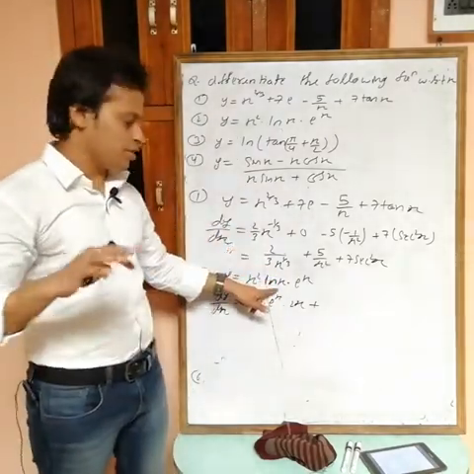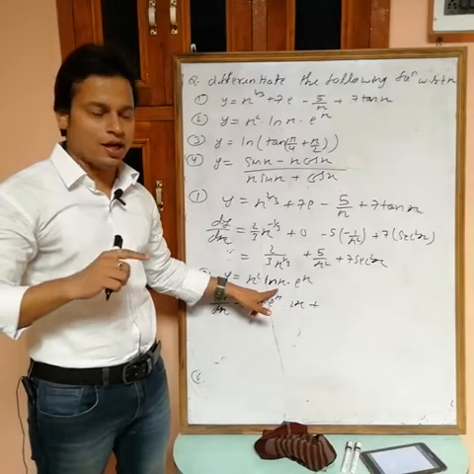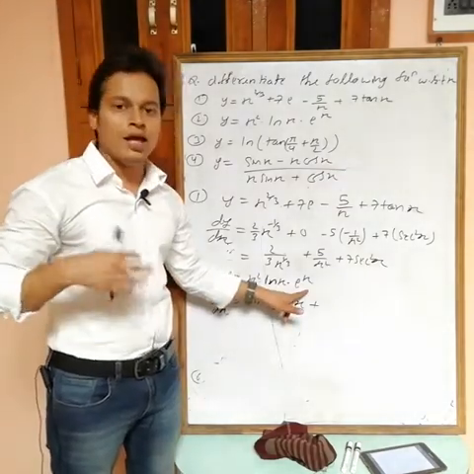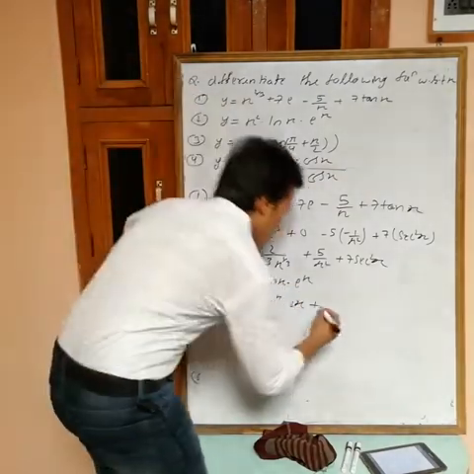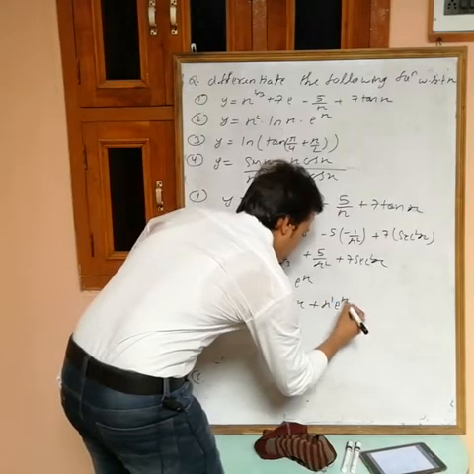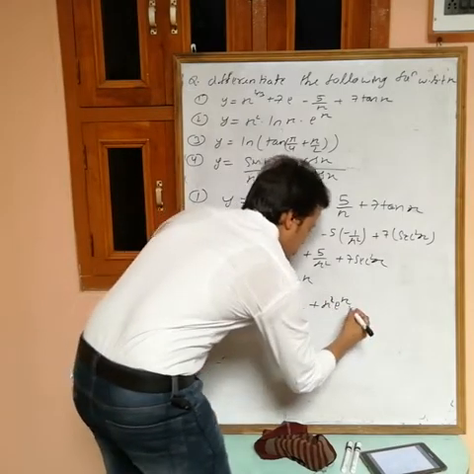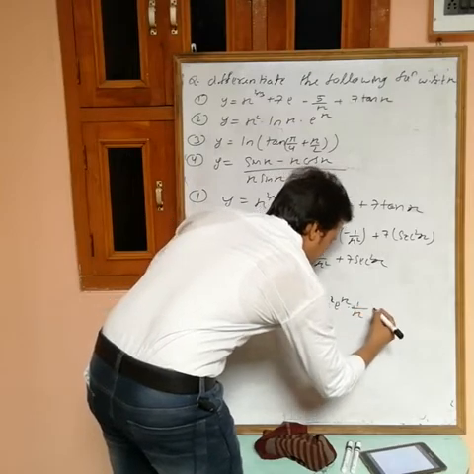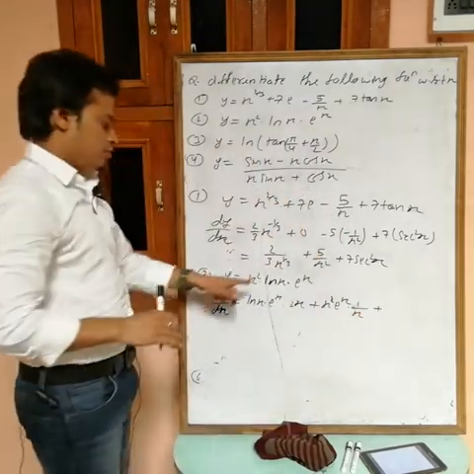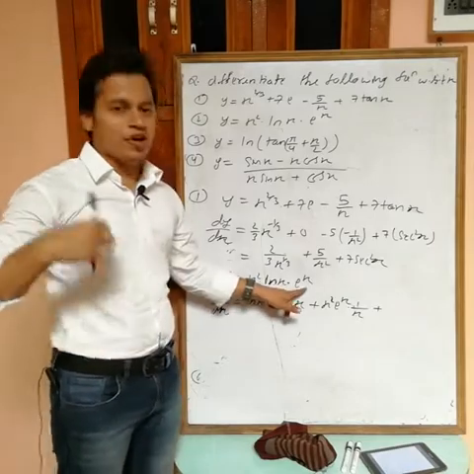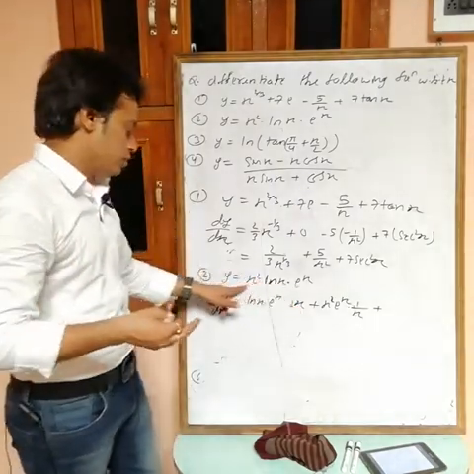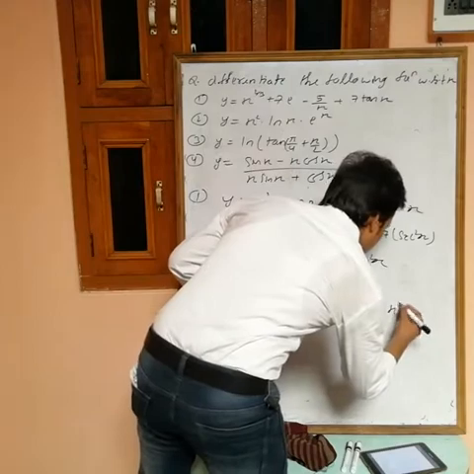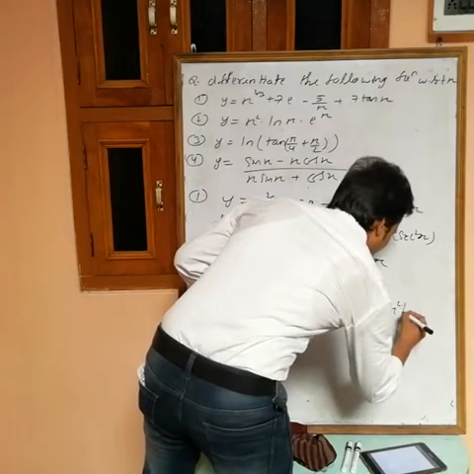Now I will differentiate ln x. When we are differentiating ln x, these both are like constants, so write x square and e power x outside. Differentiation of ln x is 1 by x. Plus, now differentiation of this one is also complete. Finally we will differentiate e power x; then the others are constants, x square into ln x.